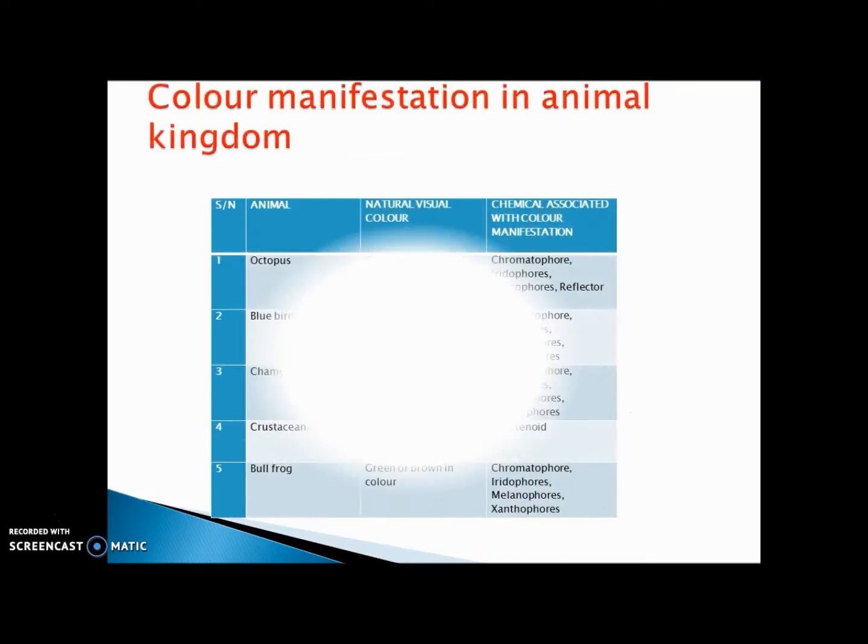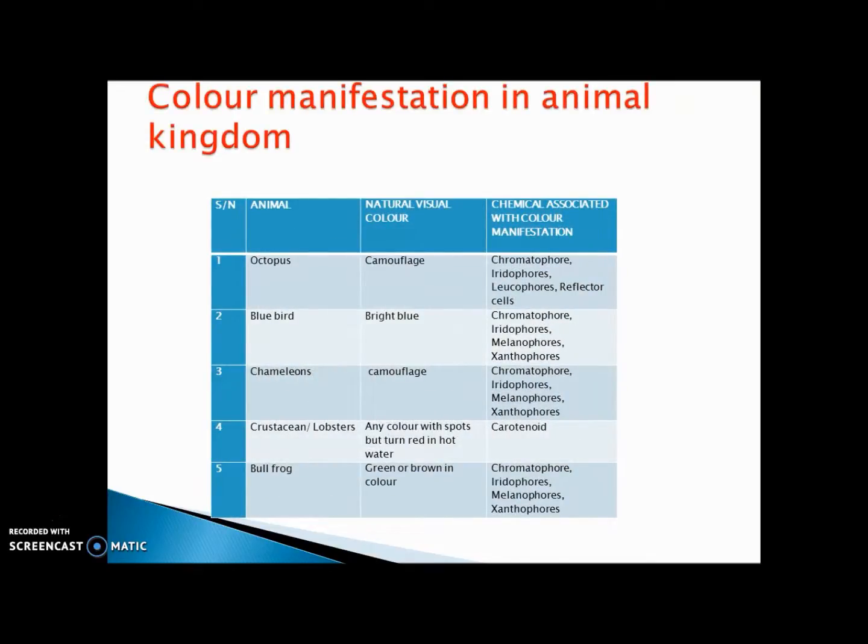These are common examples of animals showing color manifestation, and there are various chemicals involved in this manifestation. We have the octopus. The natural visual color is camouflage, and the various chemicals involved are chromatophores, iridophores, leucophores, and reflector cells.